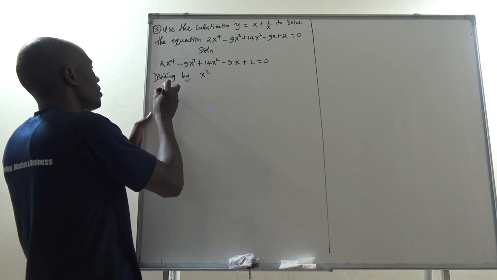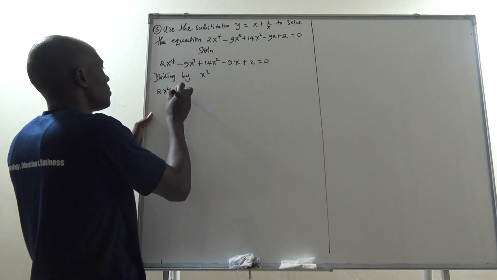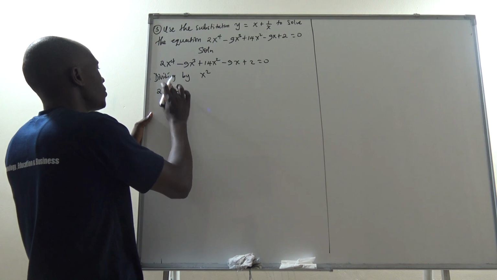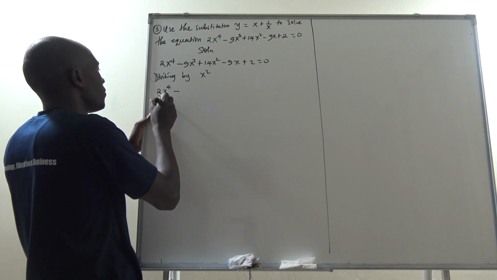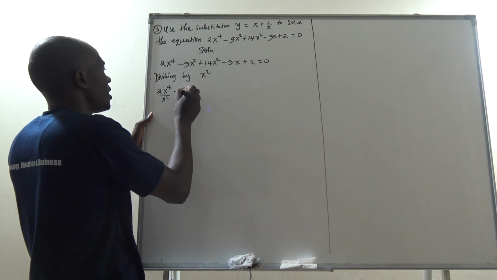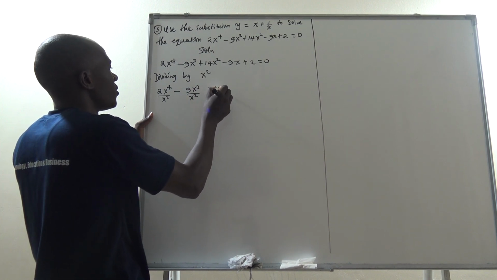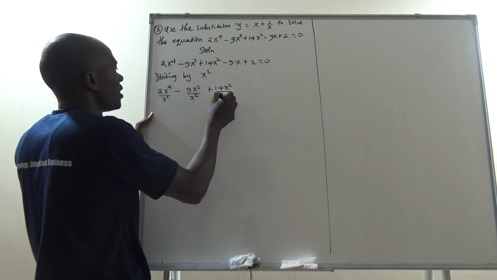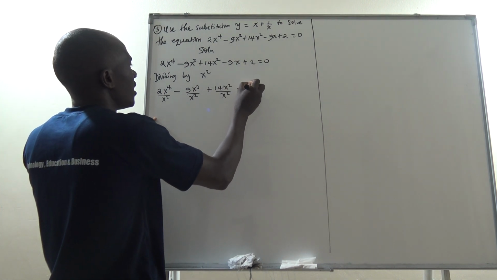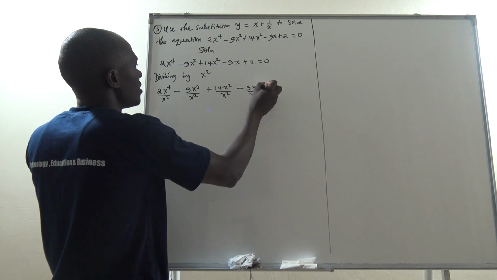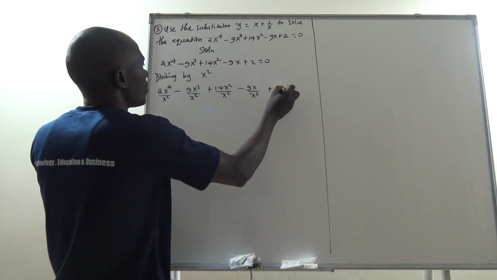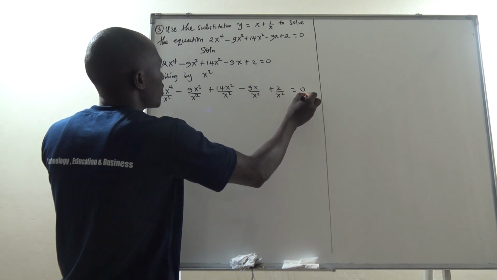We are getting 2x power 4 over x squared minus 9x cubed over x squared plus 14x squared over x squared minus 9x over x squared plus 2 over x squared equals 0 over x squared.